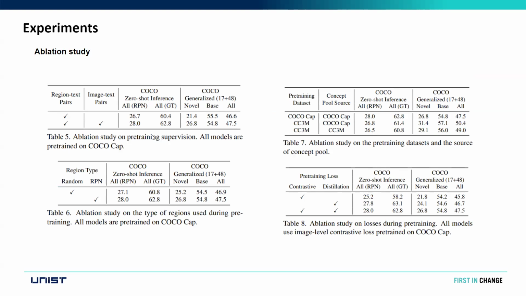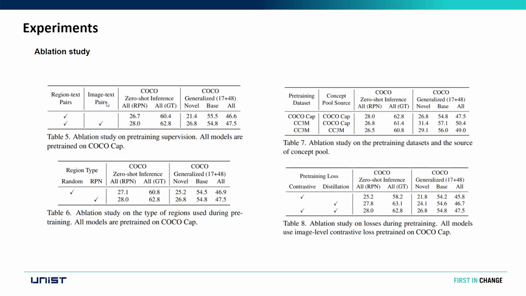So for the ablation study, they did 4 ablation studies. First, they did an ablation study on the region-text pairs, which they got from CLIP, and then the image-text pairs, which are ground truth. And here, just the region-text pairs already give some good results.